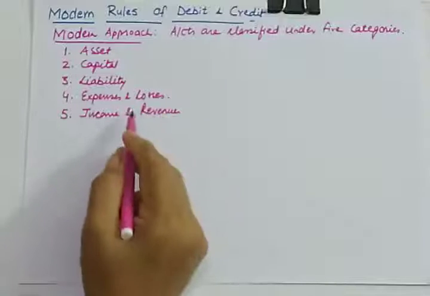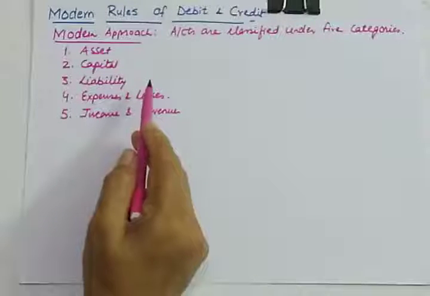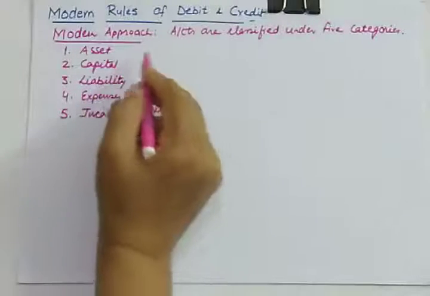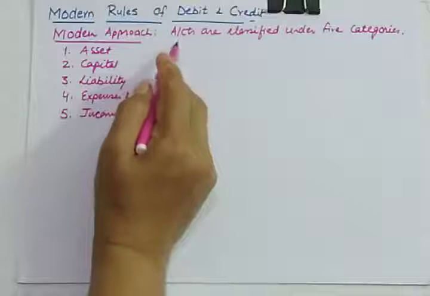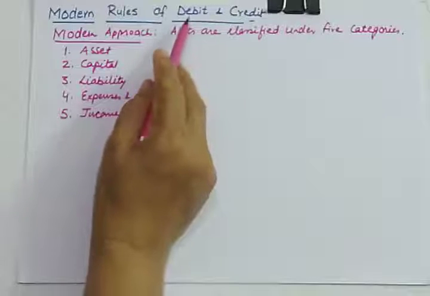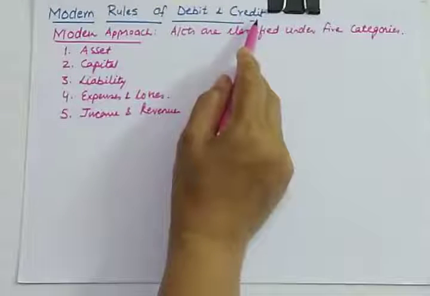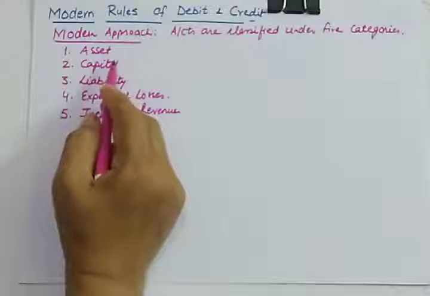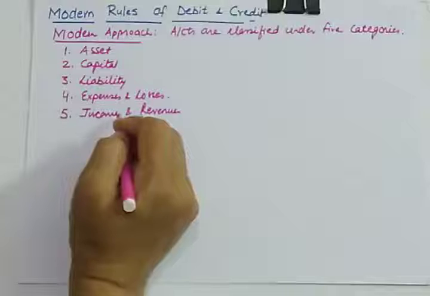So through these categories we will be studying how to record a transaction. And you know that while recording the transaction we need to check that the debit side has to be equal to the credit side. So let us see what are the rules of recording all these 5 accounts.